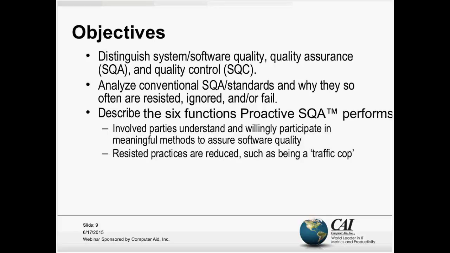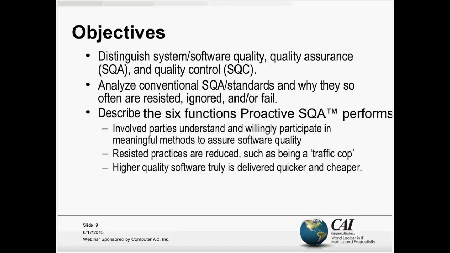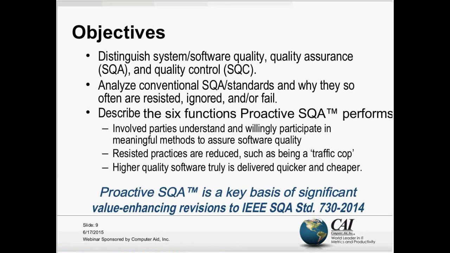Proactive software quality assurance is the key to reducing resistance and, frankly, to getting rid of that traffic cop mentality on both sides, the QA and the victims, if you will. And they do all this and abide by it because, in fact, it helps the organization deliver higher quality software quicker and cheaper. It's not an either-or. And I think that in a lot of organizations that's certainly not their experience with QA.